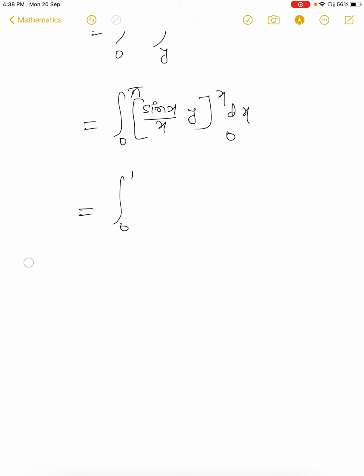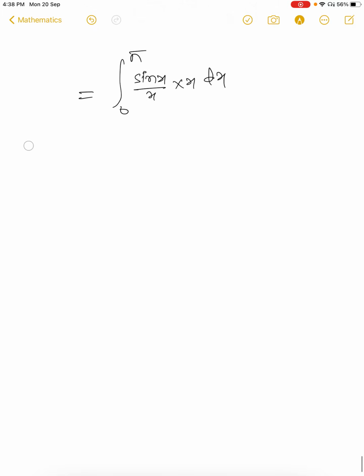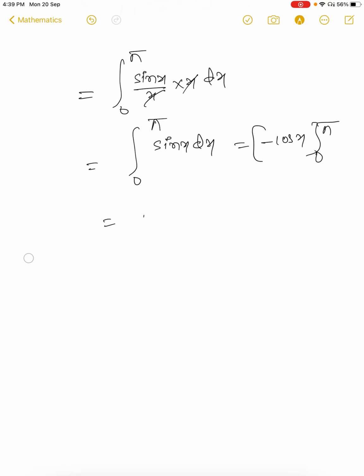So 0 to pi of sin x upon x into x dx. The x cancels out. So the integral from 0 to pi of sin x dx, which is minus cos x from 0 to pi. So the answer will be minus cos pi plus cos 0, so 2. The right answer will be 2.